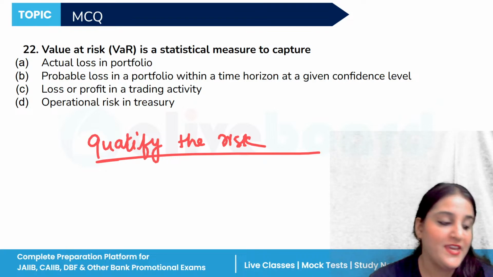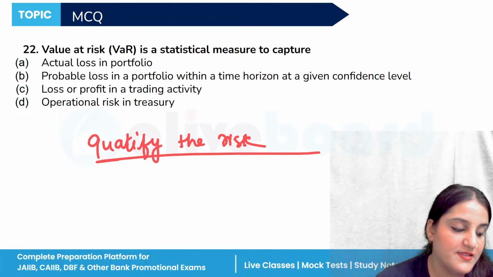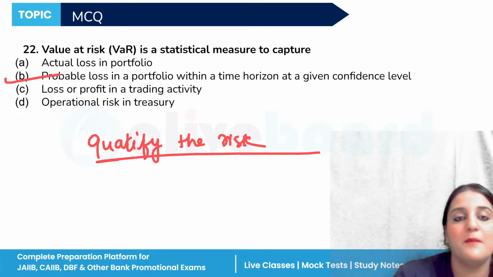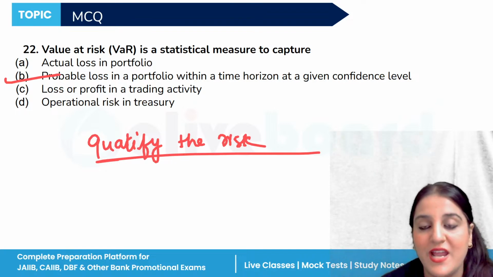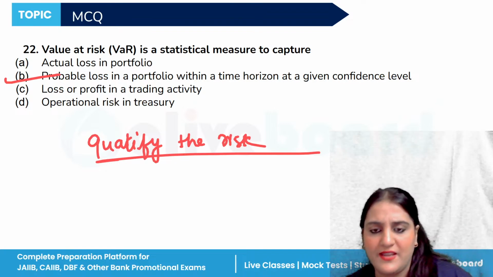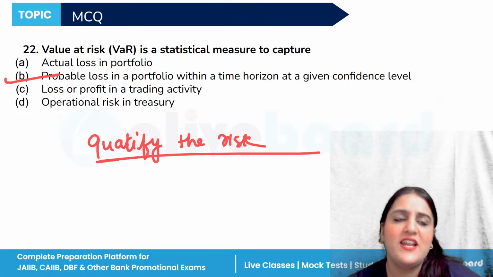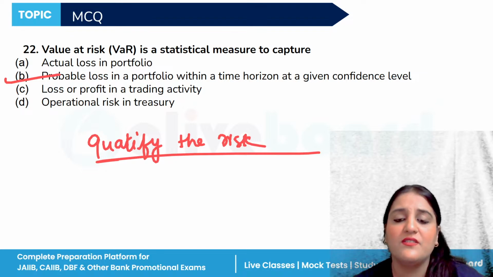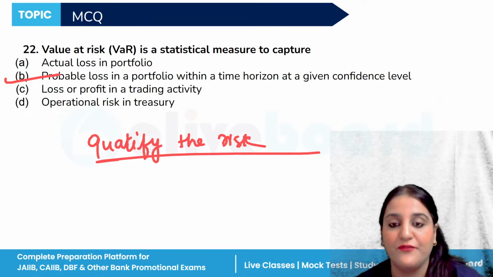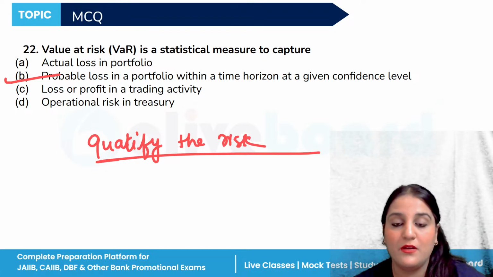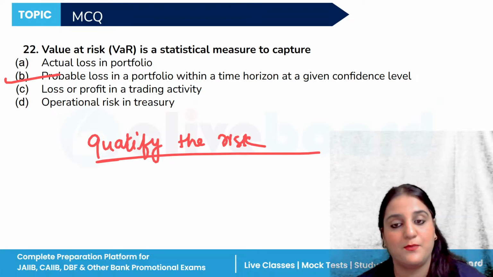So the correct answer is probable loss in a portfolio with a time horizon at a given confidence level, because value at risk is calculated for a specific time frame. This time horizon is critical for understanding the risk over that period.